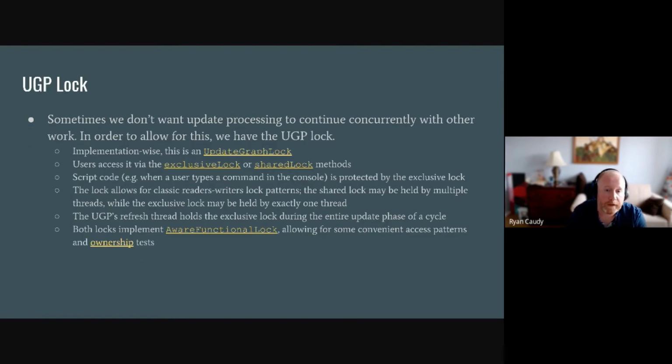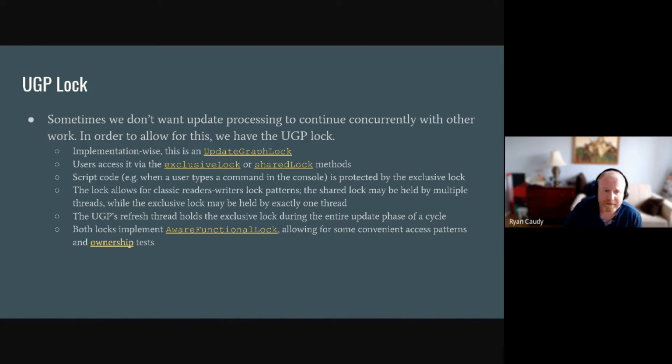Now, sometimes you'd really like to be able to do some work that happens without update processing continuing. A classic example is that every time you execute a line of script code, that blocks the graph processor from continuing. Implementation-wise, we have the update graph lock for doing this.